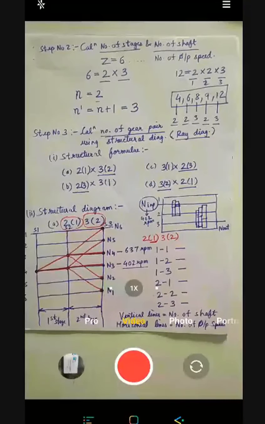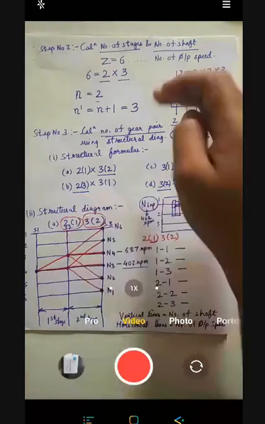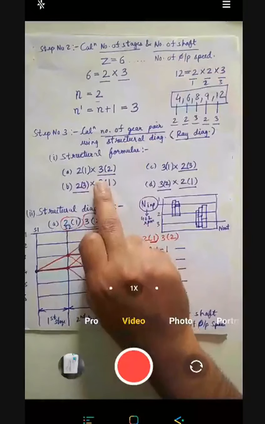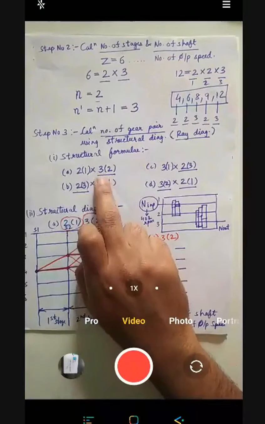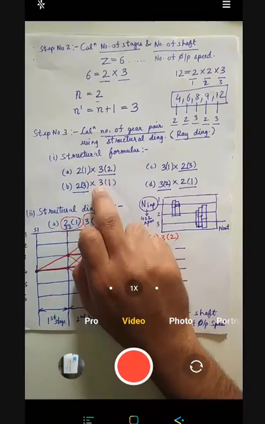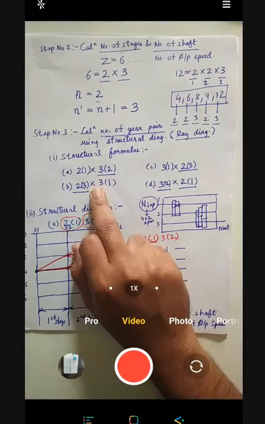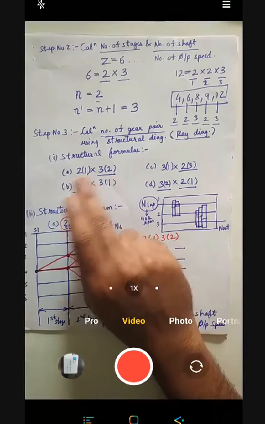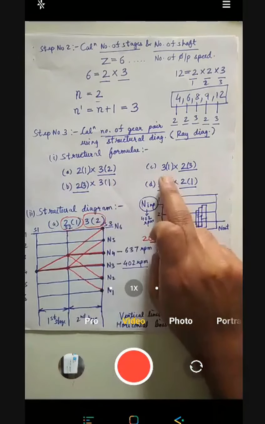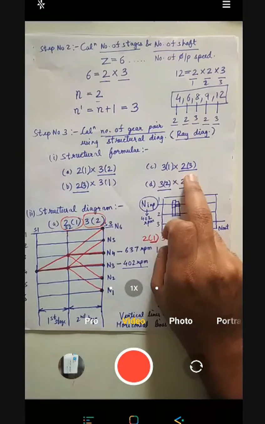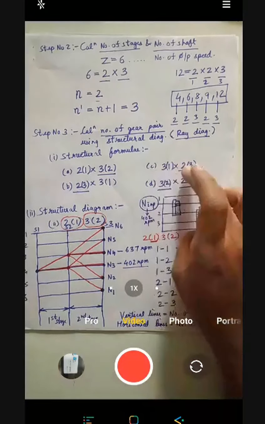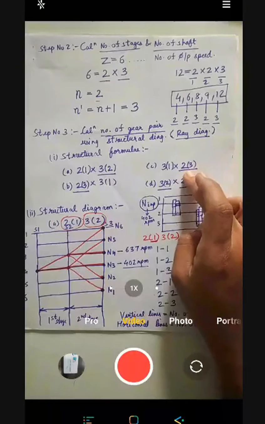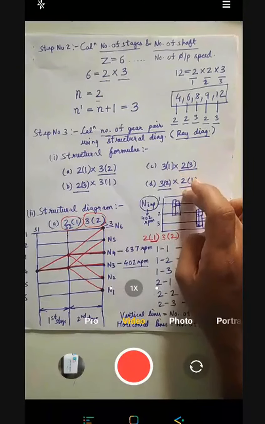The structural formula depends upon the multiplying factor, 2 into 3. If there are 2 elements, you write that equation 2 times. Then changing the order of the elements, write 3 into 2, and since there are again 2 elements, we write it 2 times.